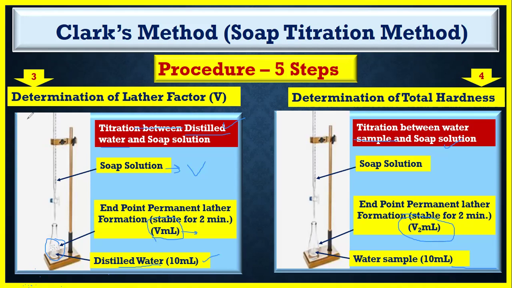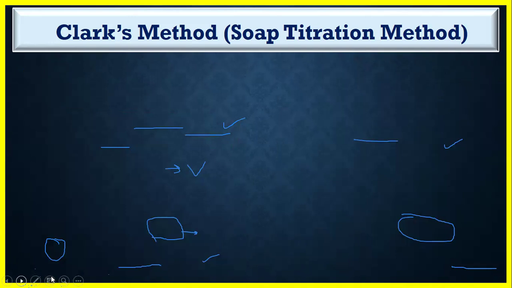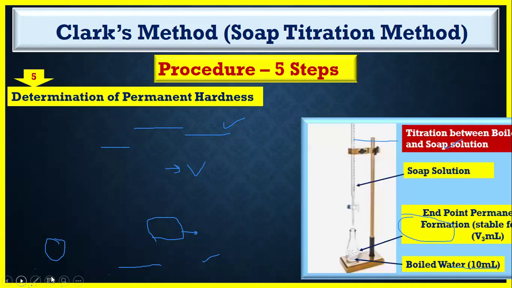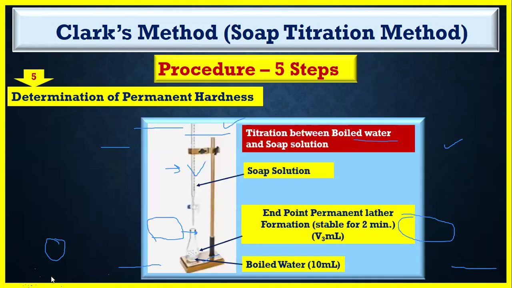Now, final step, that is the determination of the permanent hardness. We know that the total hardness is the complete hardness which includes temporary and permanent hardness. But when we remove the temporary hardness by boiling the water, then only the permanent hardness remains in the water sample.